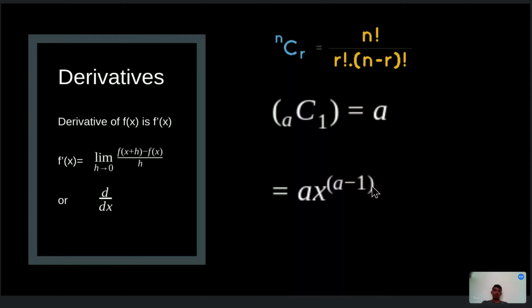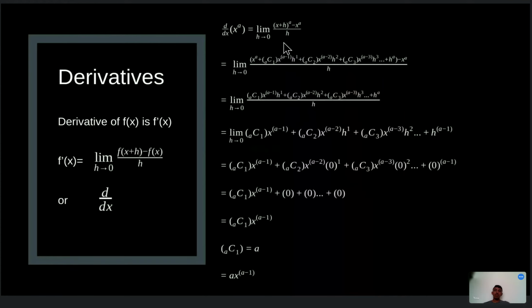Okay. Let's do a quick recap. We fully write out the function as a limit as h goes to 0. We expand the polynomial x plus h to the power of a. We expand it to this. We cancel out the x to the power of a terms, so we only have terms with h. We now factor out h and cancel it from the numerator and denominator.